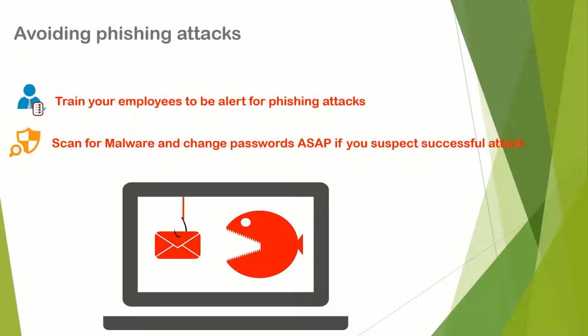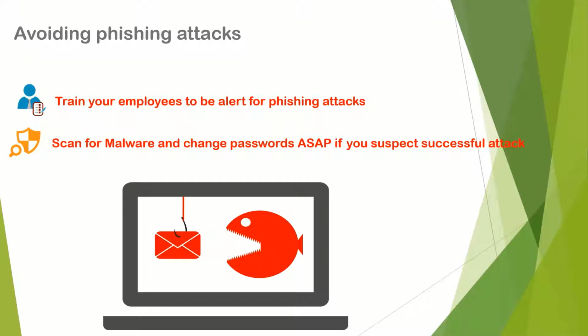Avoid phishing attacks. That is one of the questions that I get a lot from my friends and even from my family on Facebook or Instagram. They approach me asking, how do I identify phishing emails? Actually, it is pretty easy.